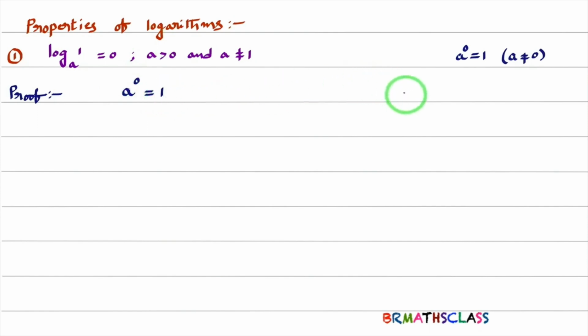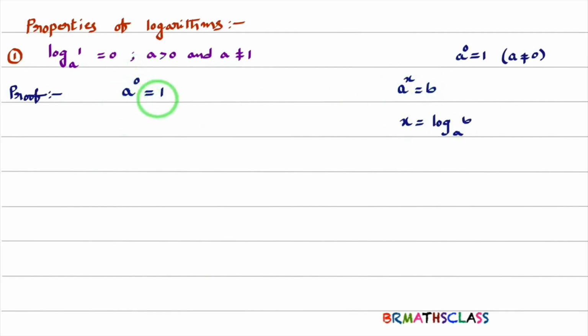From the definition of logarithm, what did we learn? In the last class, we learned that whenever you see an expression of the form a power x equal to b, then x can be written as log b base a. So here you compare this one and this one, and write it in logarithm form.